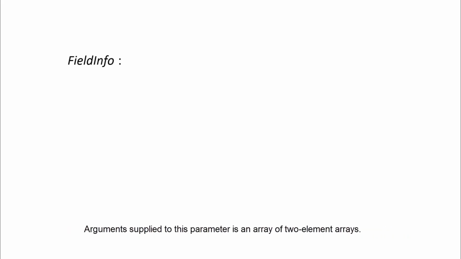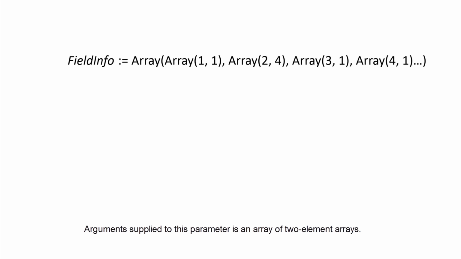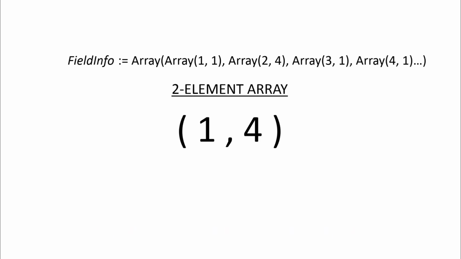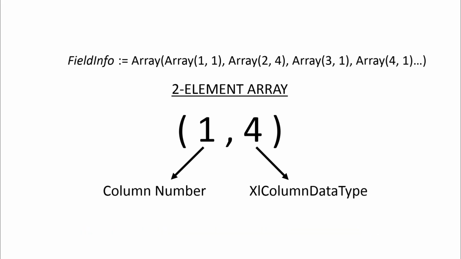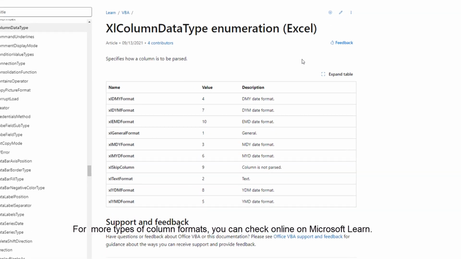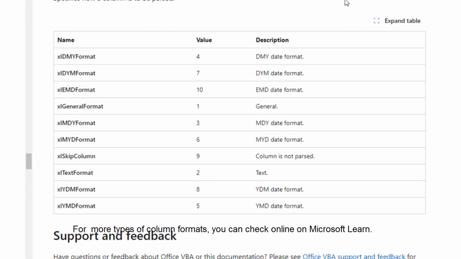Arguments supplied to this parameter is an array of two-element arrays. The first element is the column number in the worksheet, while the second element is a constant from an enumeration called xlColumnDataType, and a value of 4 will format all cells in column 1 with a DMY date format. For more types of column formats, you can check online on Microsoft Learn.